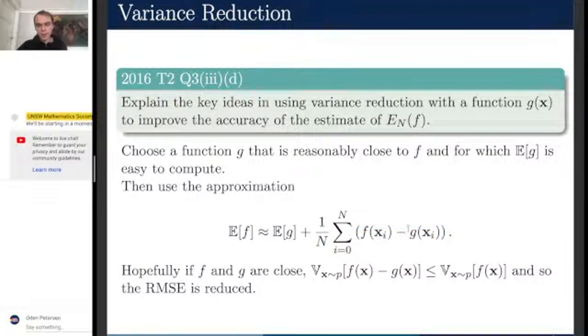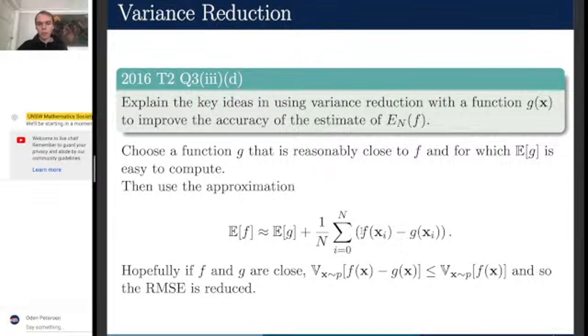And as n gets very, very large, this term over here should just tend to the expectation of f minus g. So if you have the expectation of g plus the expectation of f minus g, that should just be the expectation of f.